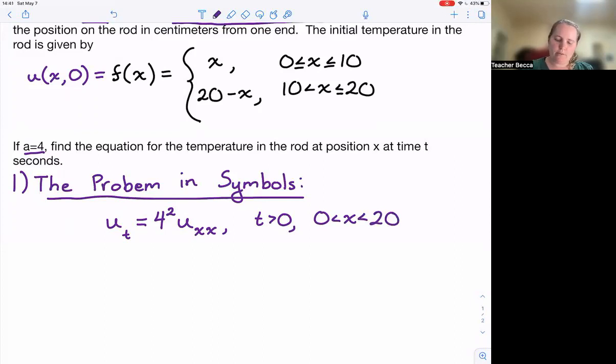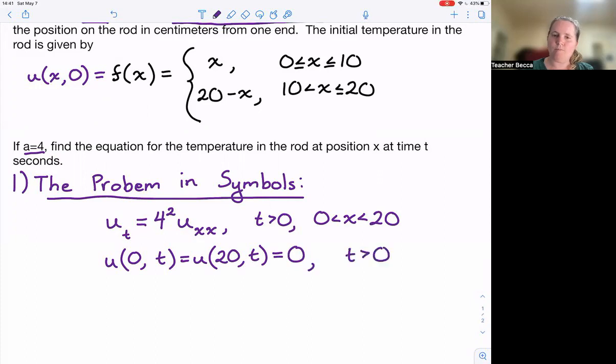Actually, let's do the boundary conditions first. U of 0 t is equal to U of L t, in this case, U of 20 t, both of which are equal to 0 for t greater than 0.